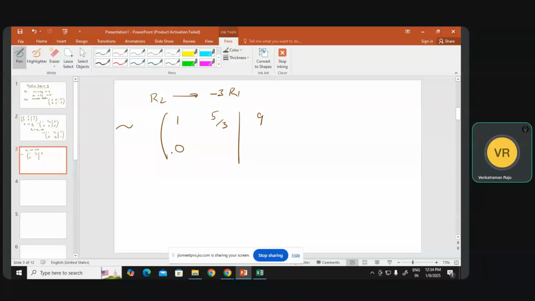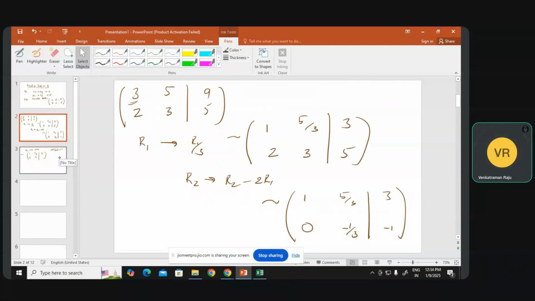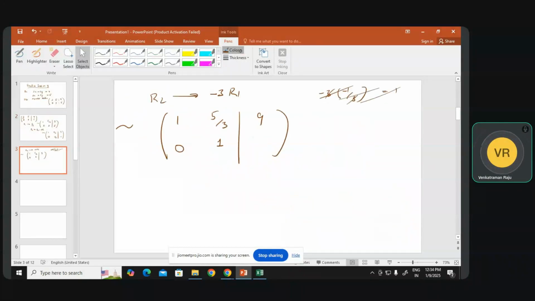The 0 doesn't get affected because it's a linear operation. This becomes plus 1. Remember, minus 3 times minus 1 by 3, the 3 gets cancelled, minus into minus is plus, so it's 1. Similarly here, it was minus 1 earlier, now it becomes plus 3.